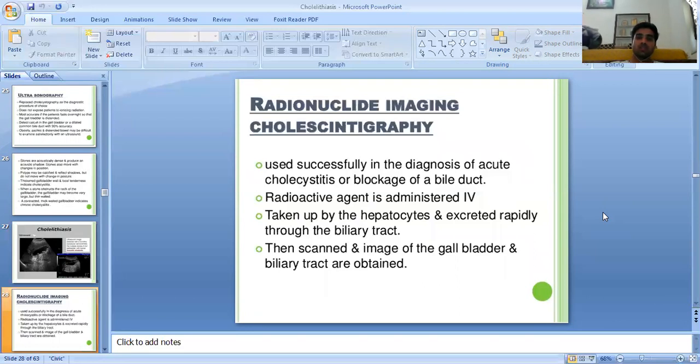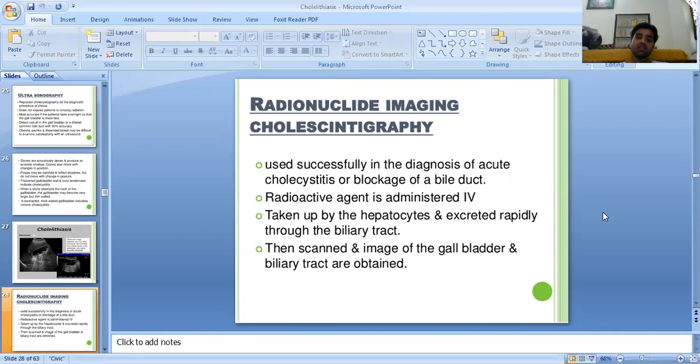Radionuclide imaging cholecystography is used successfully in the diagnosis of acute cholecystitis or blockage of a bile duct. A radioactive agent is administered IV, taken up by the hepatocytes and excreted rapidly throughout the biliary tract.